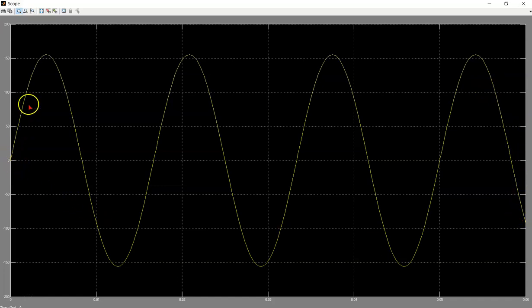Here you can see three cycles or more. This is for the input voltage.